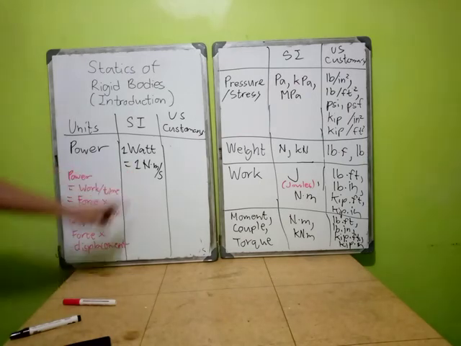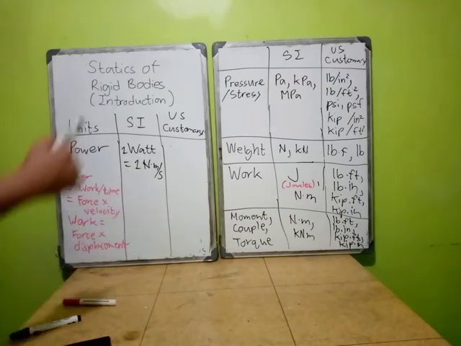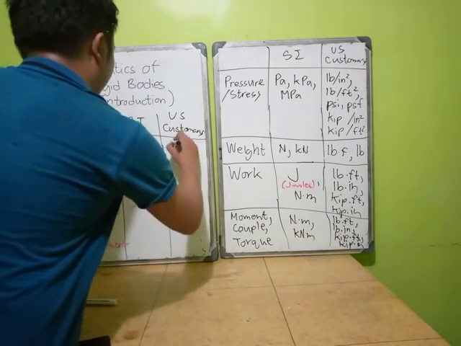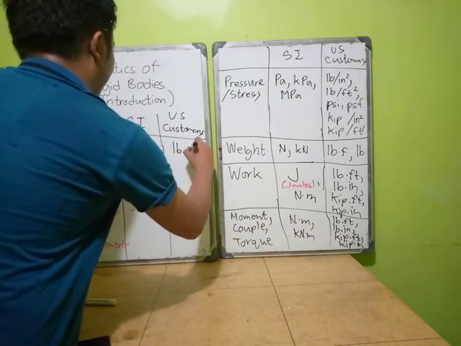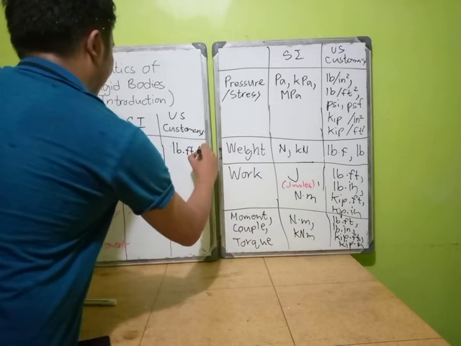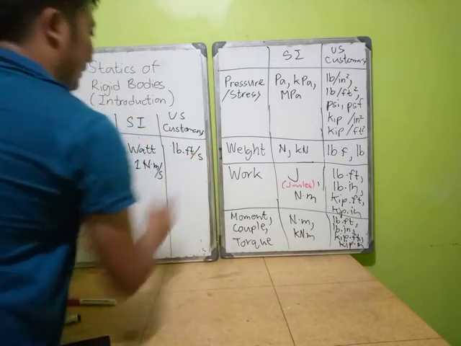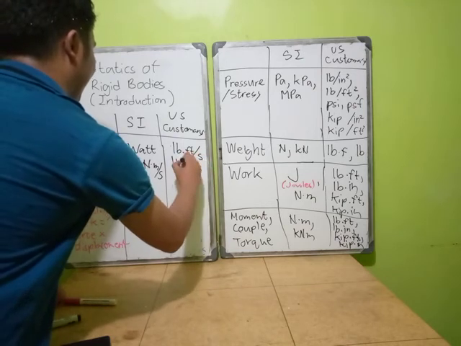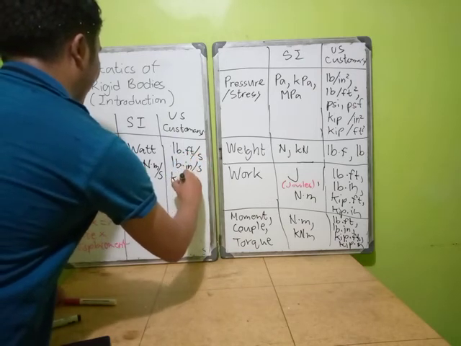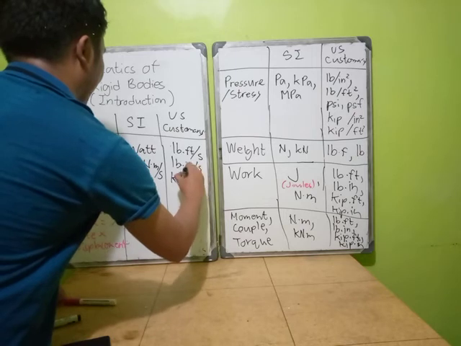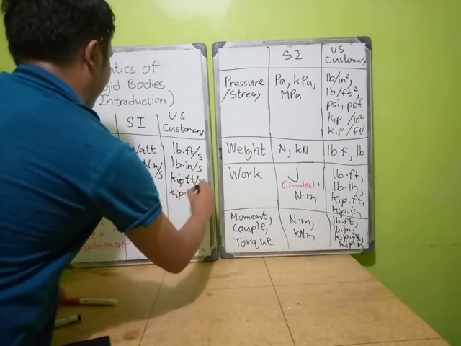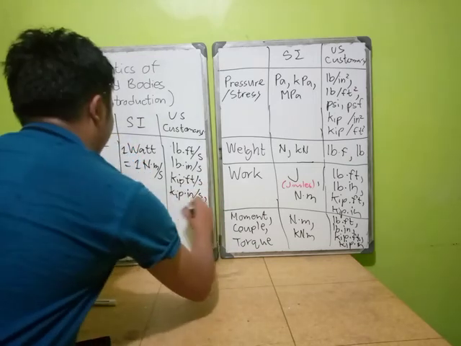Ganyan yung watt. Then sa US customary, yung ginagamit usually is pound foot per second, pound inch per second, then pwede din keep foot per second, pwede keep inch per second, pwede ring horsepower.